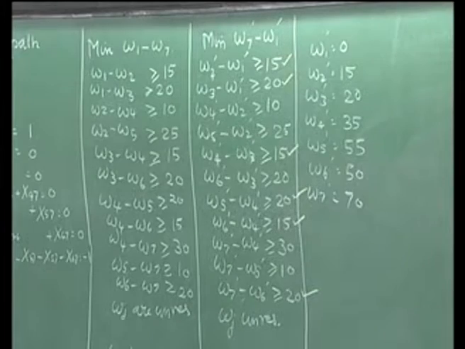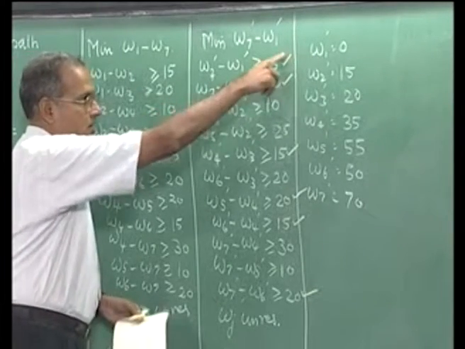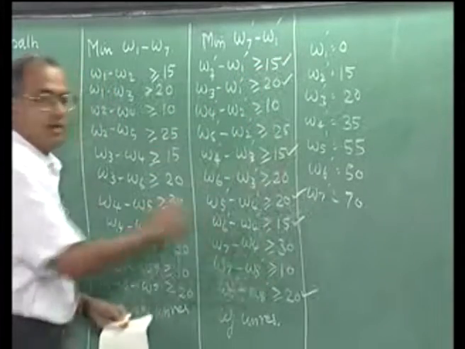Now from these we have fixed W1 equal to 0, so 6 of them give us the equations.